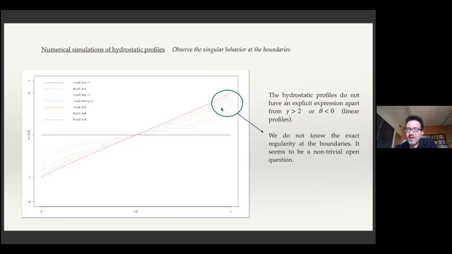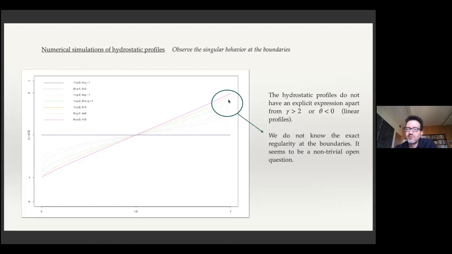They are non-linear, and what is interesting is that at the boundaries you have some kind of singularity, where you see they are not differentiable. At the boundary, you have the tangent line, which is infinite. And there are some questions that I don't know how to answer even heuristically, which is how to characterize this behavior at the boundary.